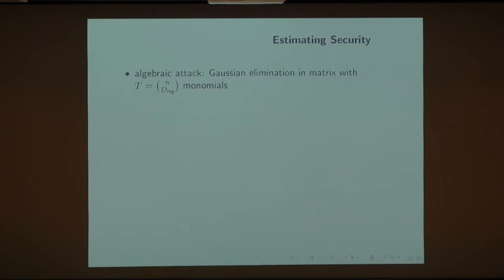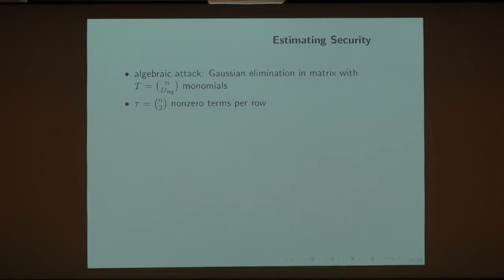So that brings us to estimating security. We're going to estimate the complexity of the Grosvenor basis attack. And essentially, the Grosvenor basis attack creates a large matrix with many polynomials. And the number of polynomials is n choose degree of regularity because these monomials have degree of regularity.